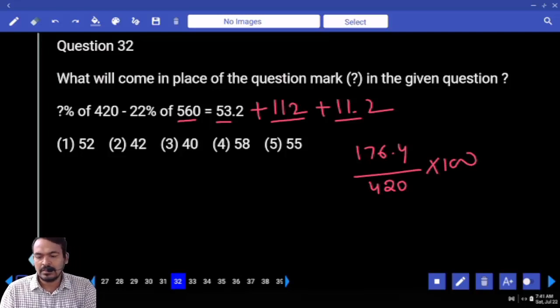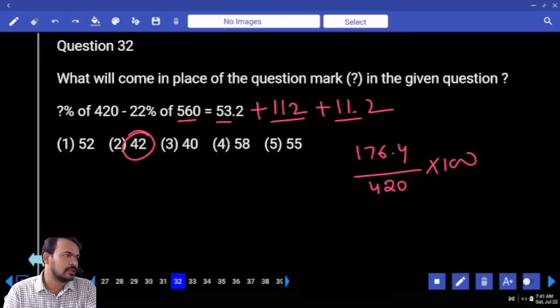Okay. 1764, it is 42 square. Denominator already 42. Definitely answer is 42. Because in numerator 1 decimal, denominator 1 zero, and multiplied by 100 means 2 zeros get cancelled.